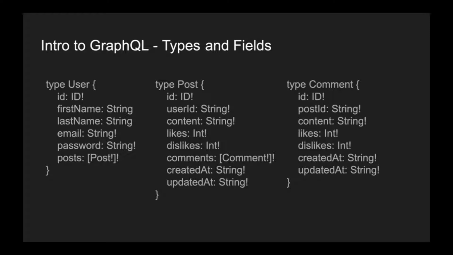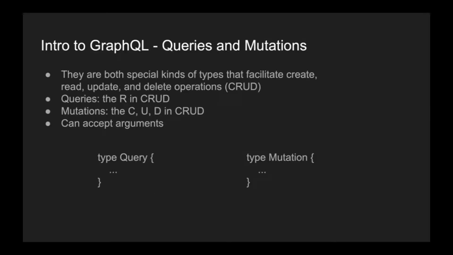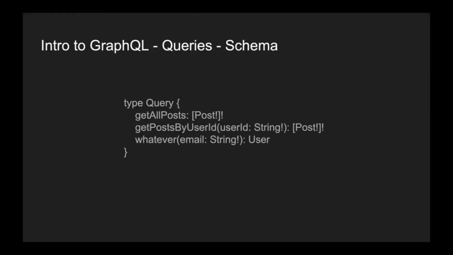That's an example of passing an argument in for a field. But in terms of passing arguments to queries and mutations, this is helpful for things like if you want to find a user by a certain ID. I'll show some examples here.